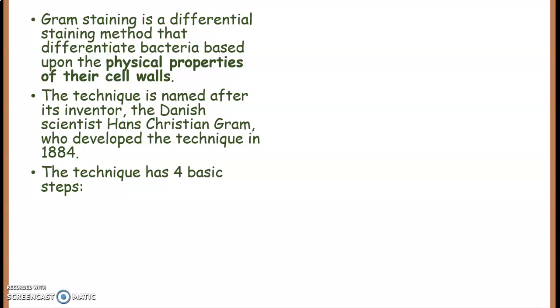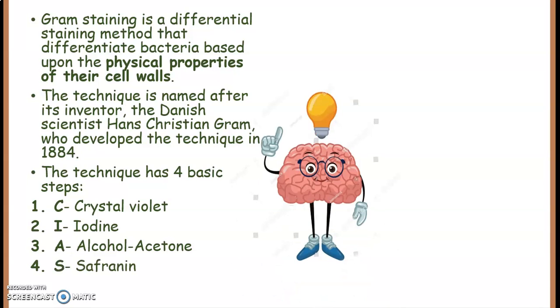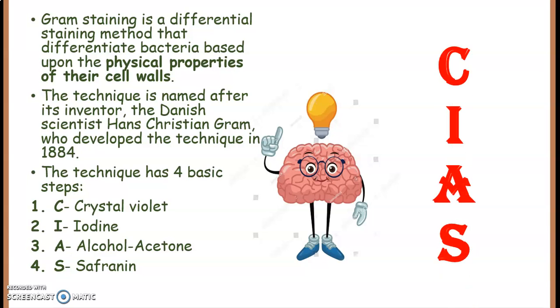The technique has four basic steps: crystal violet staining, iodine staining, alcohol acetone decolorization, and safranin counterstaining. One can remember the word CIAS to easily remember the steps. C for crystal violet, I for iodine, A for alcohol or acetone, and S for safranin.